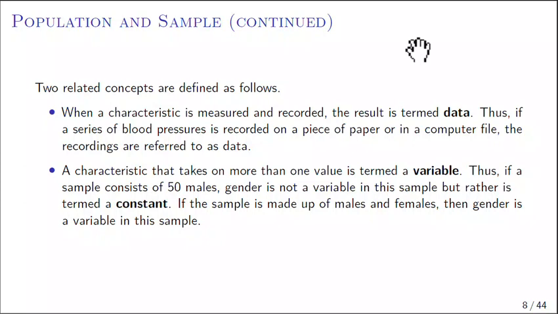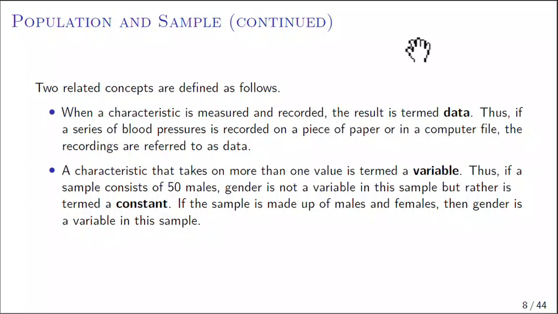And in data, we have to talk about variables. What is a variable? A variable is a characteristic we are interested in, a measurement. So a sample consists of 50 males. Gender is not a variable in this sample, but rather is termed a constant. What does this mean? If we put these two words together, a variable and a constant, it is very easy to understand, because a variable means the values vary.